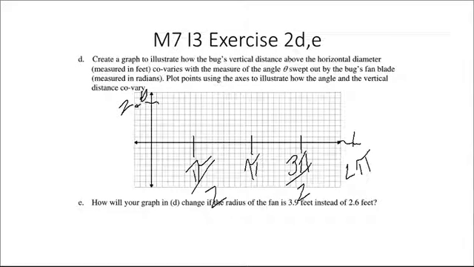Okay, so I just wanted to also dispel any notion that, yes, from 0 to pi over 2, we know we're increasing, and we're going to increase to our radius length of 2.6. And sometimes there might be the tendency to say, okay, well, from 12 o'clock to 9 o'clock, our distance above the horizontal diameter is going to decrease, right?